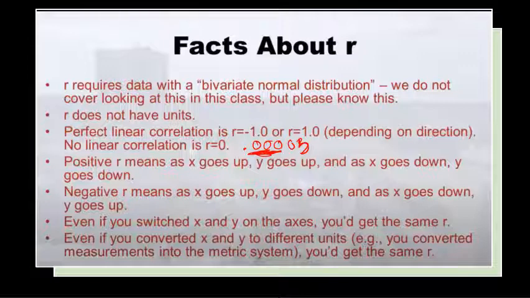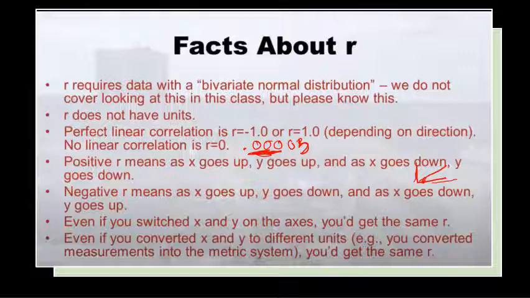Also, positive R means as X goes up, Y goes up, and as X goes down, Y goes down. Remember, our positive R is like this: as X increases, of course our Y increases, and over here when X is low, our Y is low.